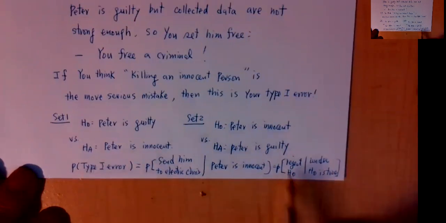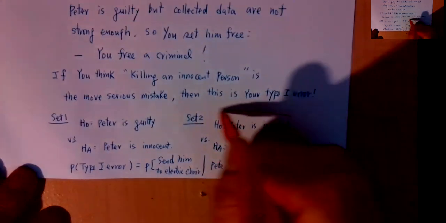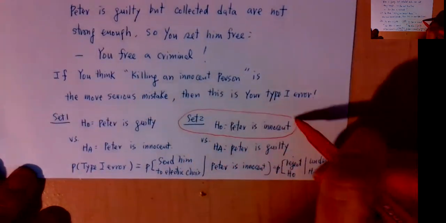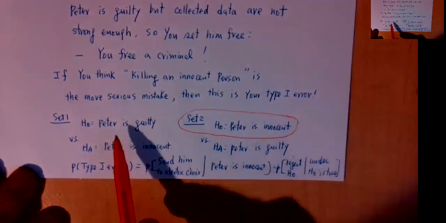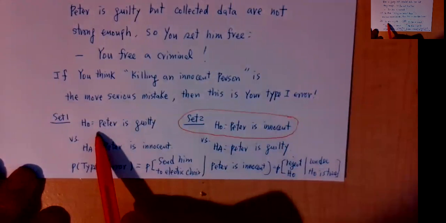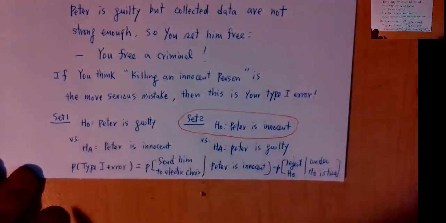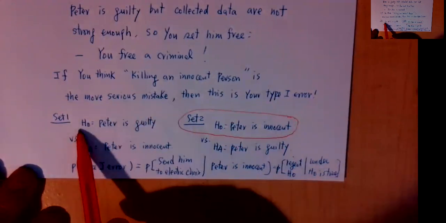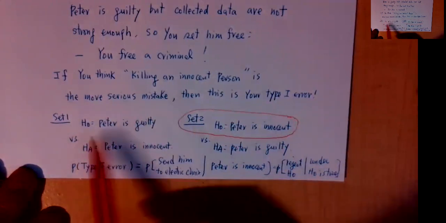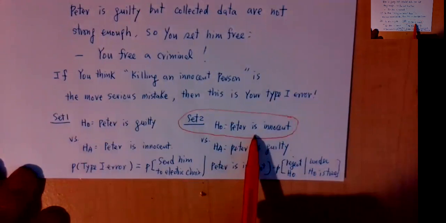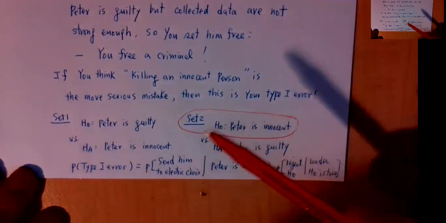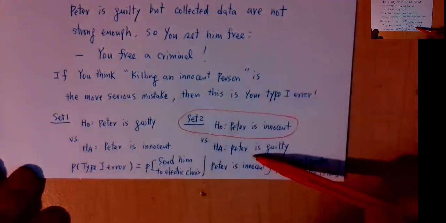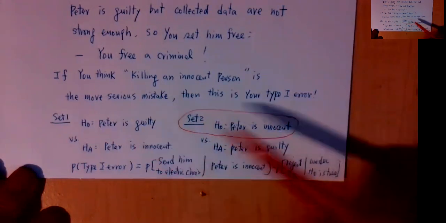So in this case, the set of hypothesis testing you're going to use is set 2. And when are you going to use set 1? Well, if you think freeing a criminal is a more serious mistake, then you should choose set 1. You should not choose set 2. Is that okay? Which one you choose as H naught and which one as HA is not chosen arbitrarily.